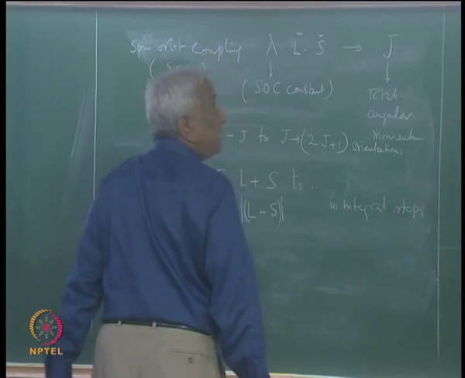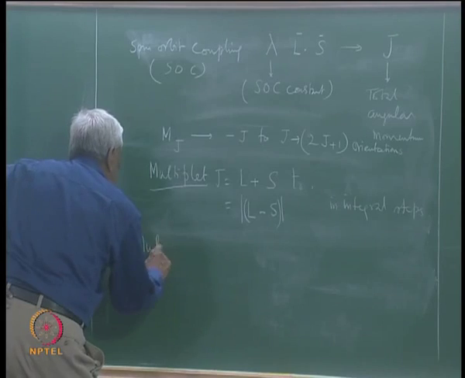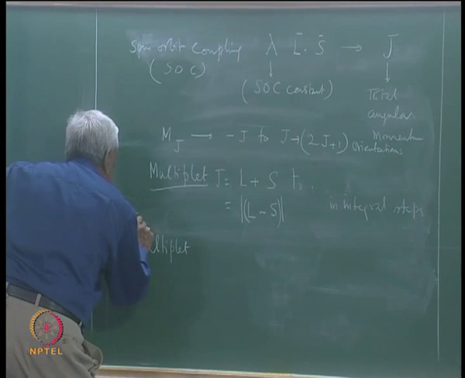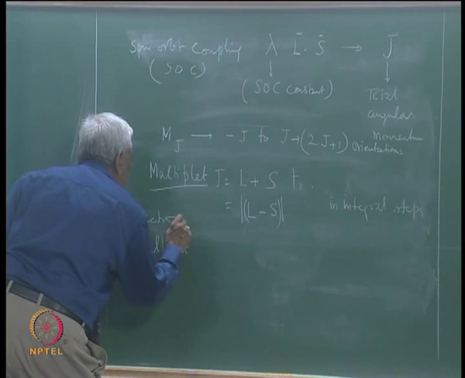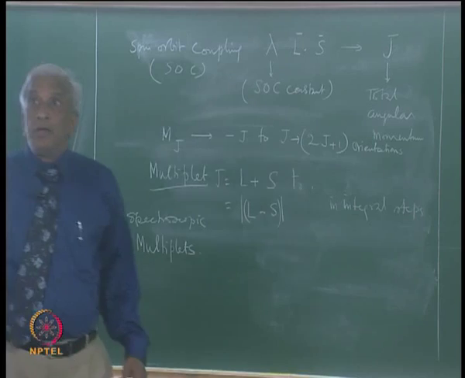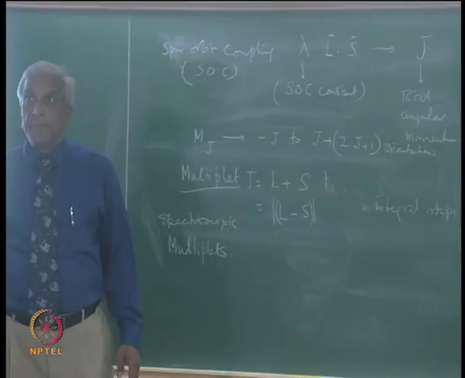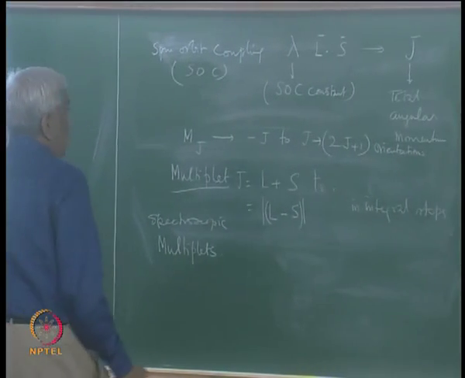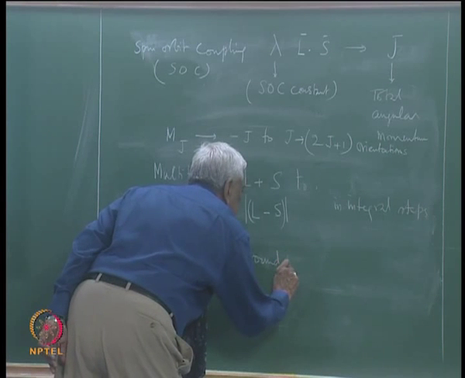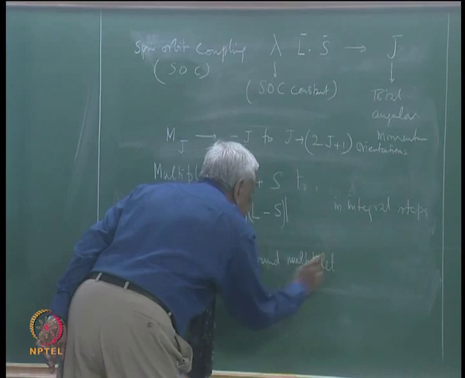So, this gives me the spectroscopic multiplet states. There are different multiplets corresponding to different values of J, of which the ground multiplet is what matters for magnetic behavior.